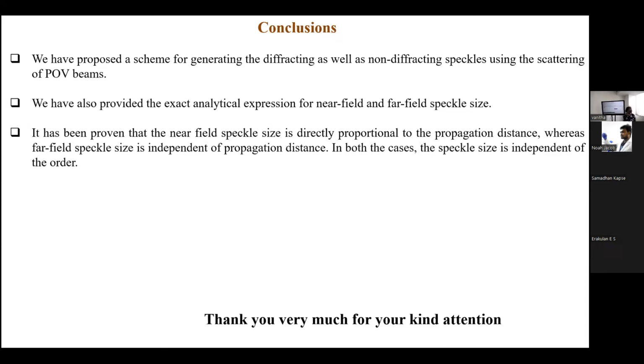Those speckles you are relating to a certain characteristic of my material. You said that they are coming from impurities in my liquid crystal or whatever. So is speckle size related to a physical density or size within that object?